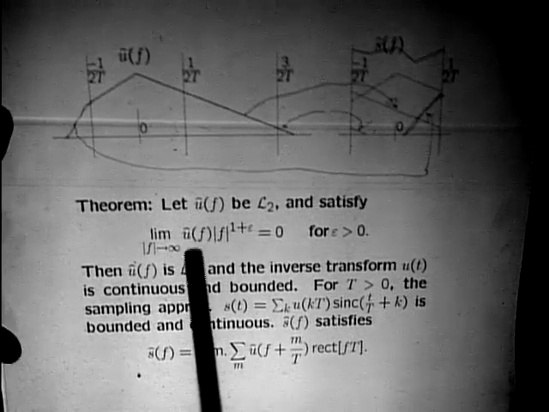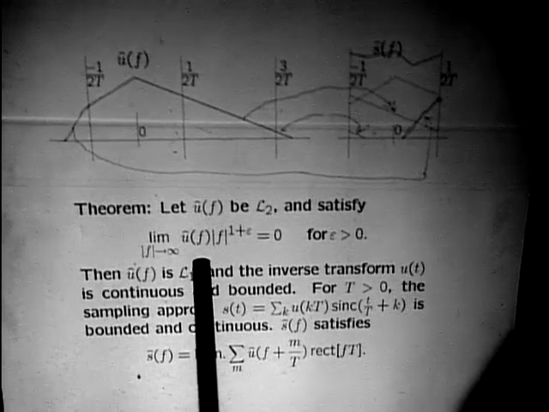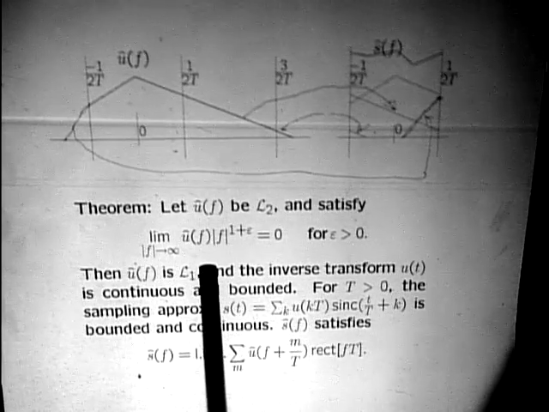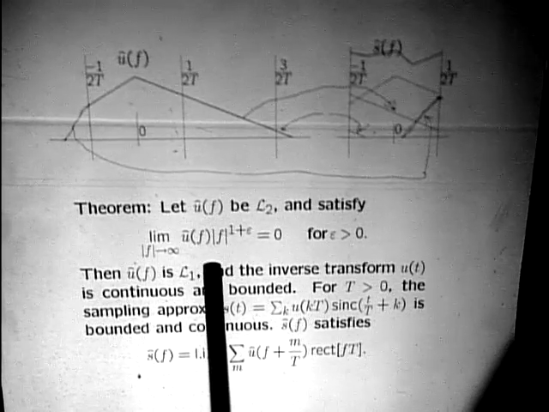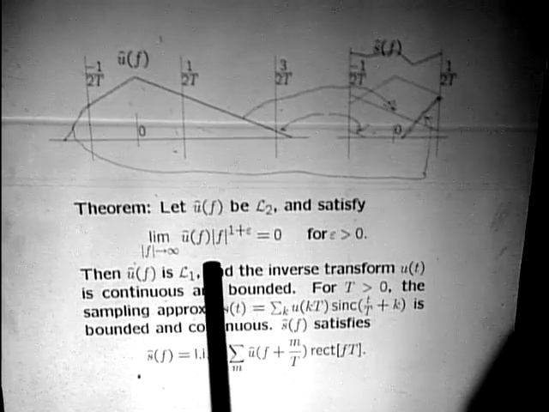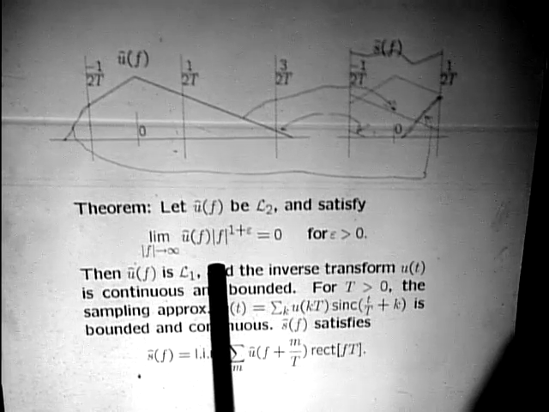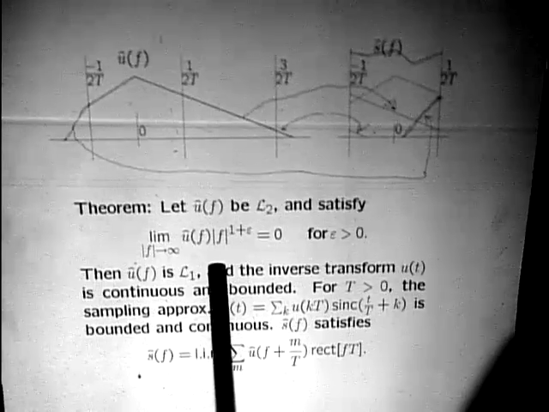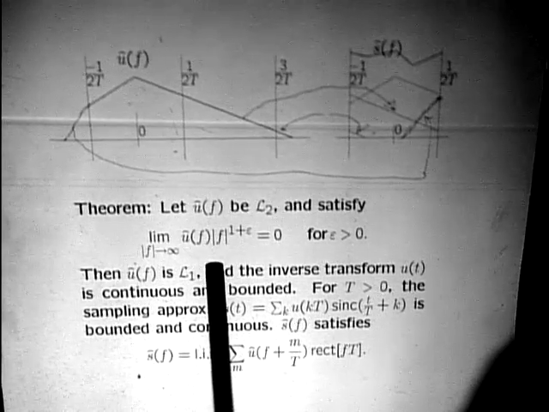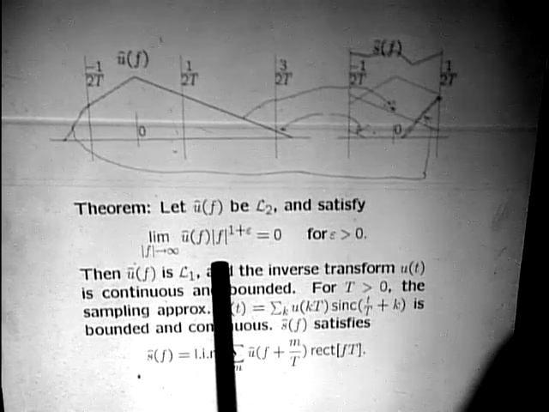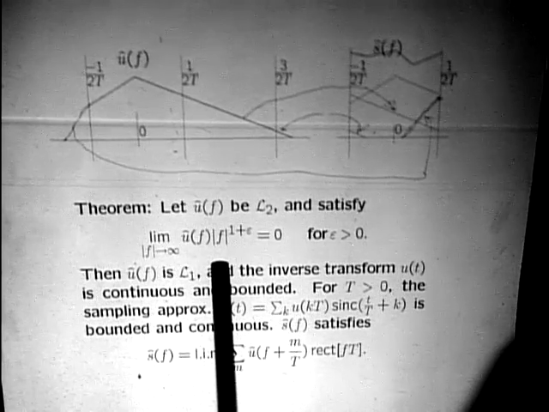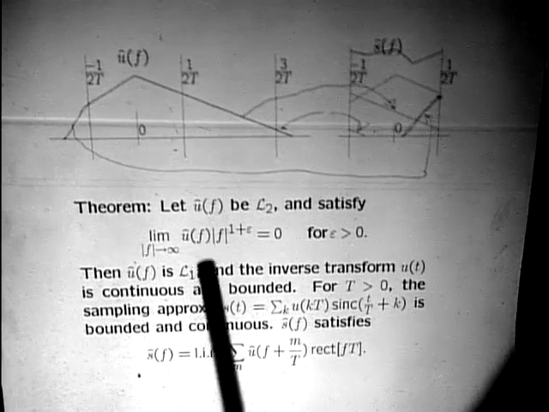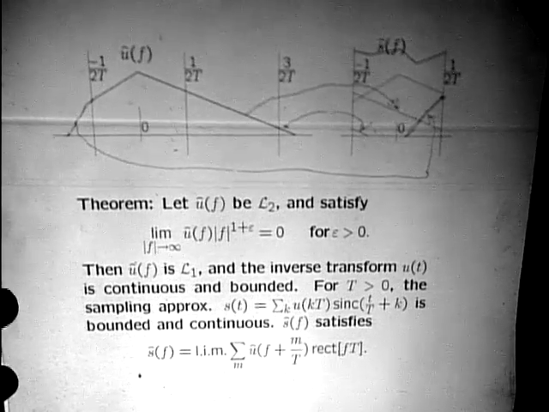In other words, u hat of f has to go to 0 with increasing frequency fast enough. It has to go to 0 a little faster than 1 over f. If it went to 0 as 1 over f, that would be guaranteed by it being L2. That's not enough here. You need the stronger condition.